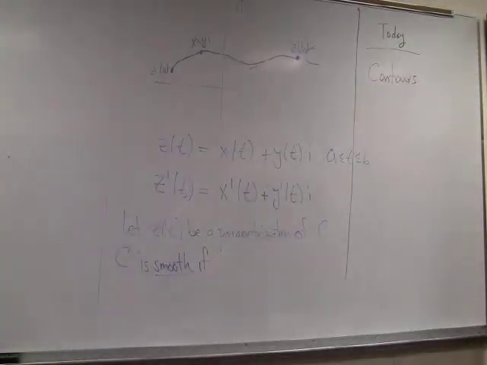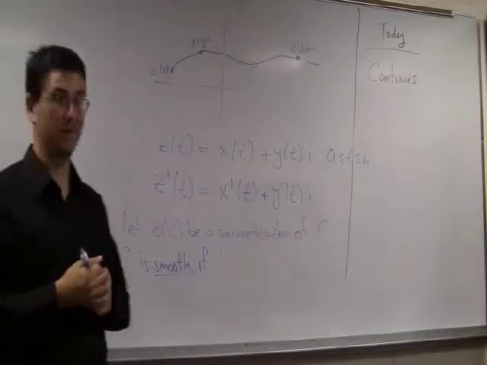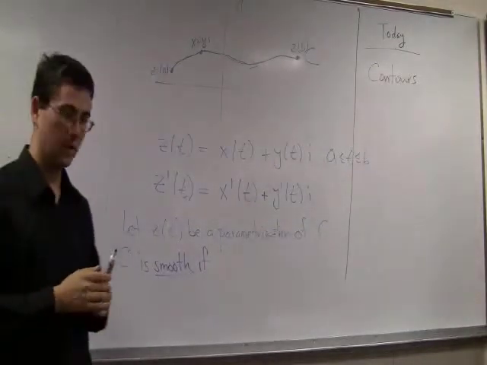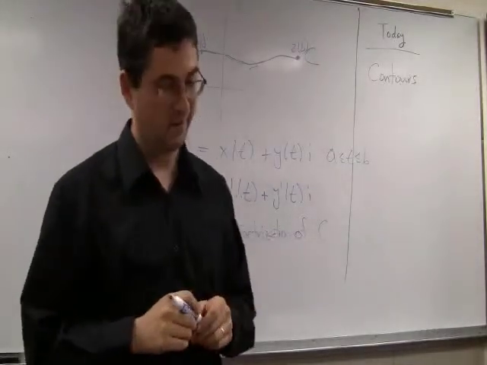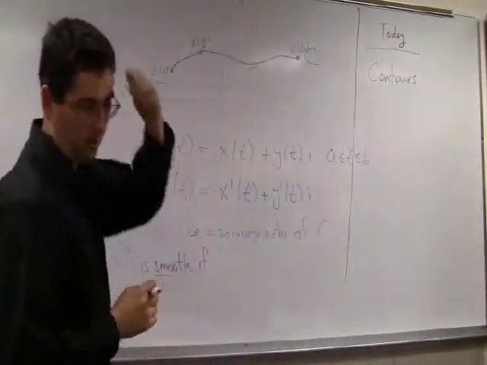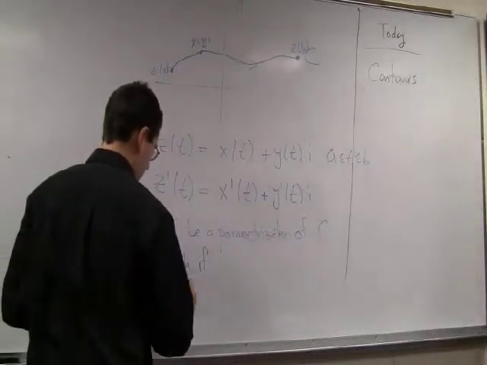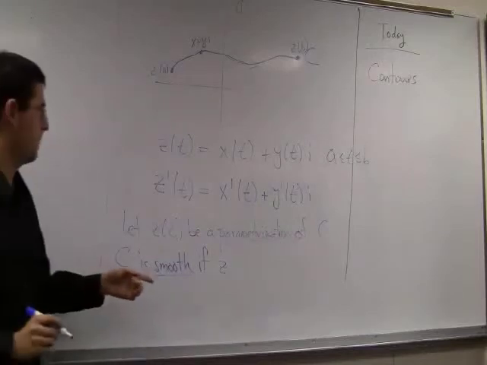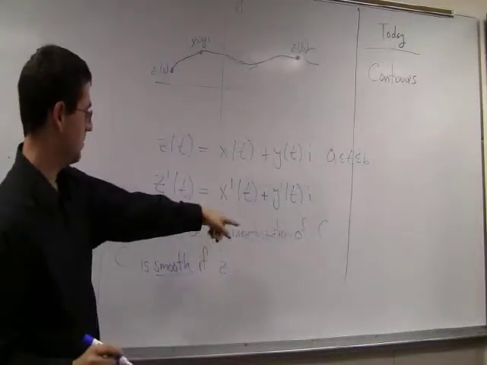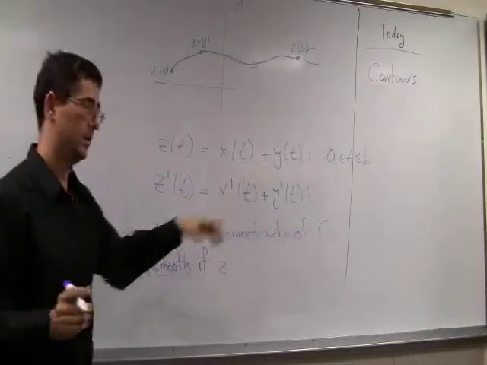It should be continuous. You certainly want Z to be continuous. The derivative is continuous. And the derivatives are never simultaneously zero. And that's the second bit, right? So we can write it: if Z prime is continuous, or X prime and Y prime are continuous.